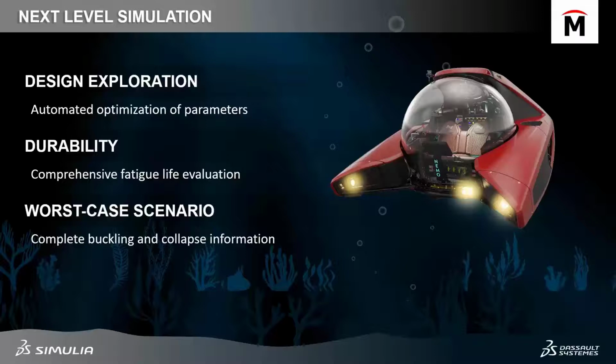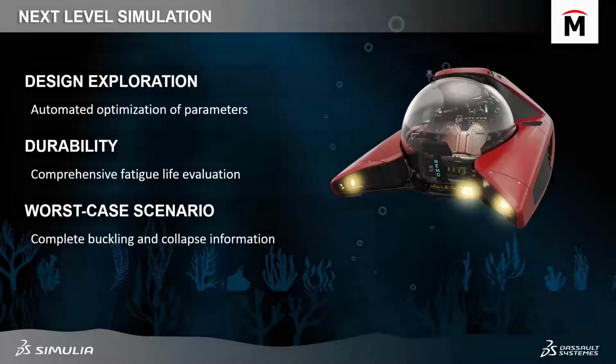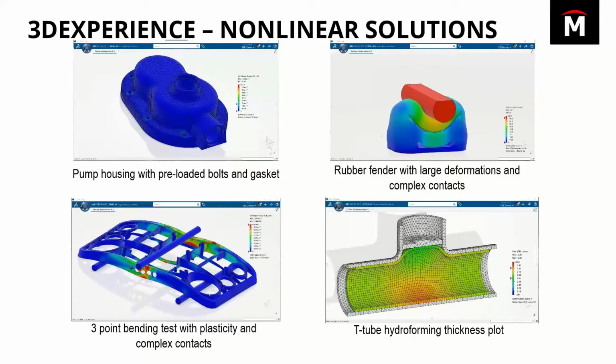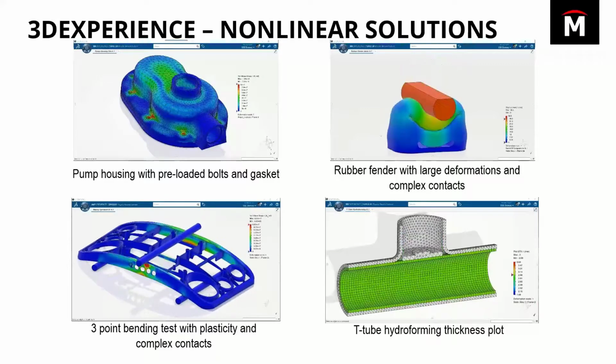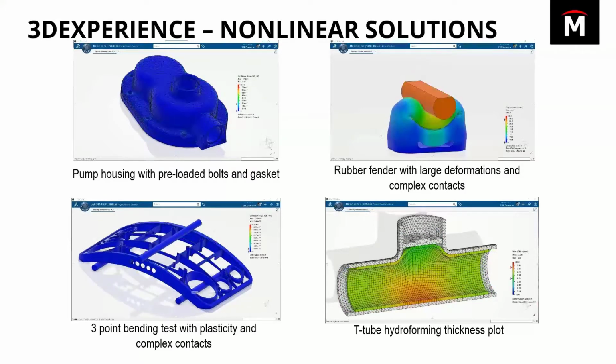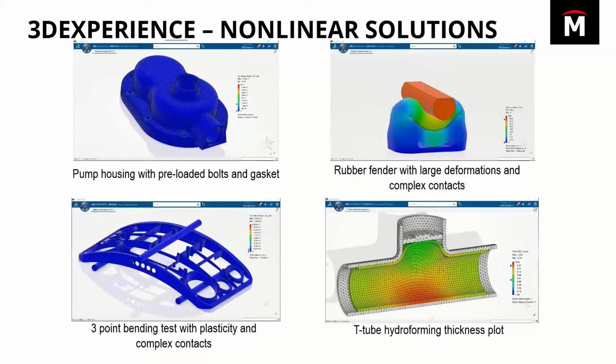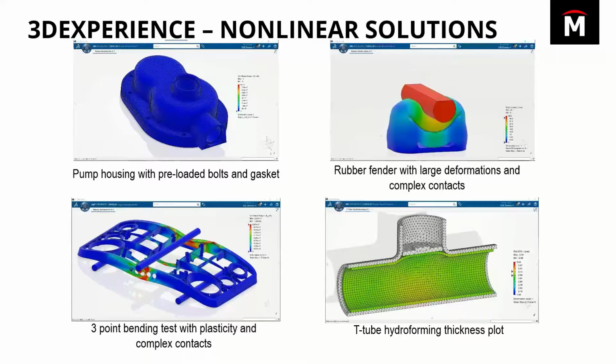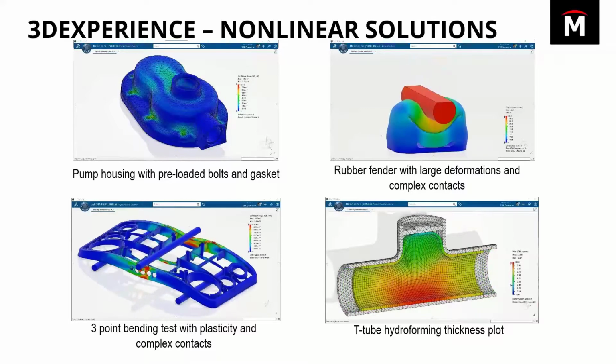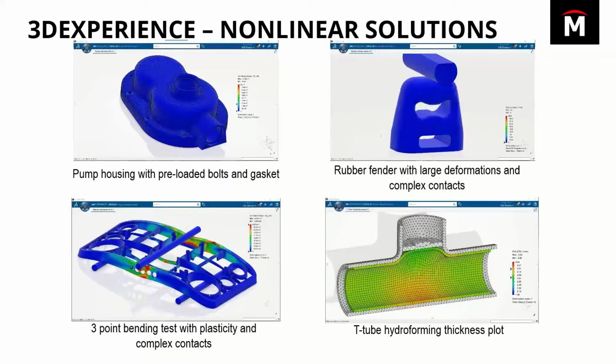Now, we've seen a couple studies on how to set them up inside of the 3DEXPERIENCE platform. But let's take a look at a couple other types of applications that we can use regarding some of these simulation capabilities. Some common non-linear solutions that we're able to solve for are present here on the screen. Now, the rubber fender with the large deformations is compensating for self-contacts.